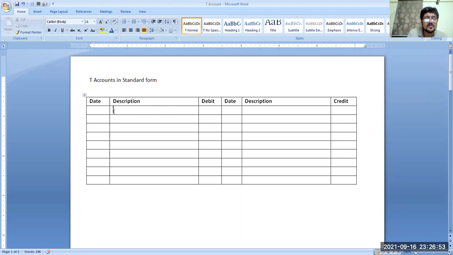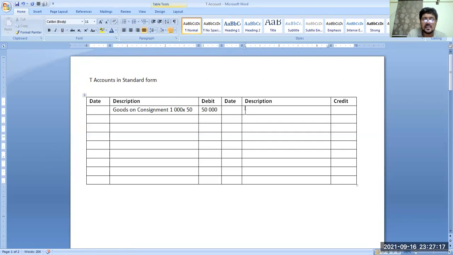Now, first is your goods on consignment. So that is 1,000 machines by $50 means 50,000.